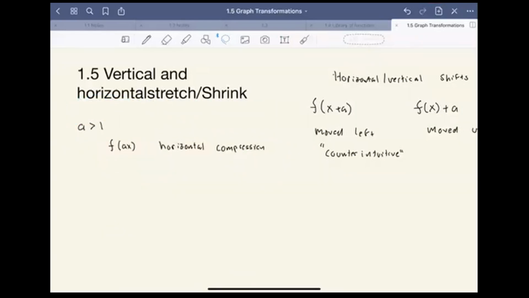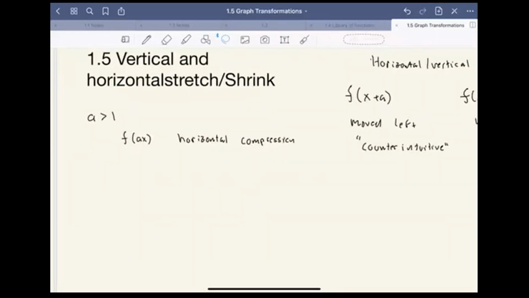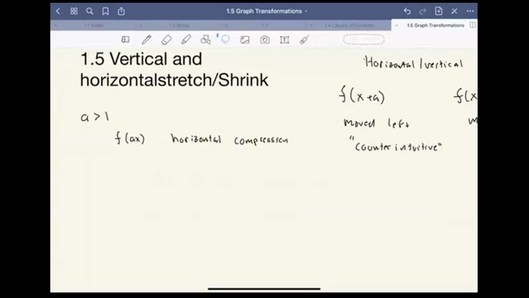Okay, so if a is bigger than 1, f of ax is going to be a horizontal compression. A times f of x is going to be a vertical stretch.